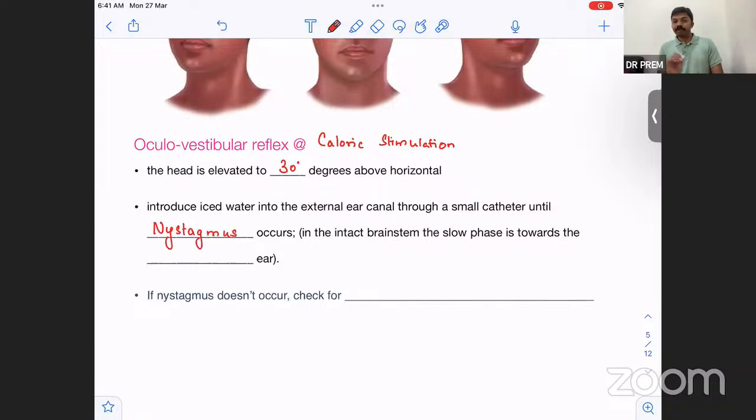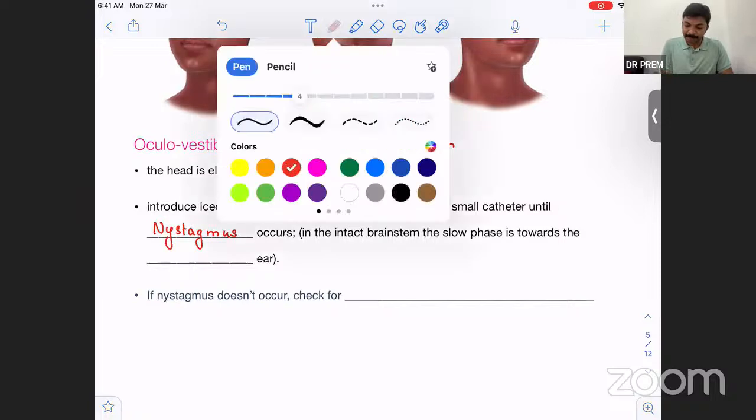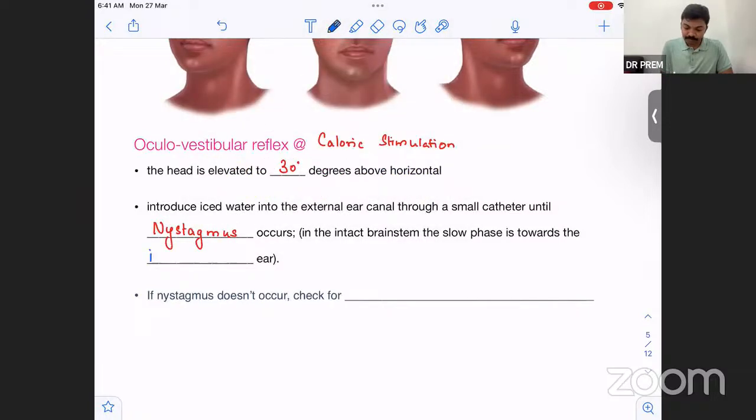All right, and please remember, if nystagmus is present in the intact brainstem, the slow phase is always towards the irrigated ear, doctors.